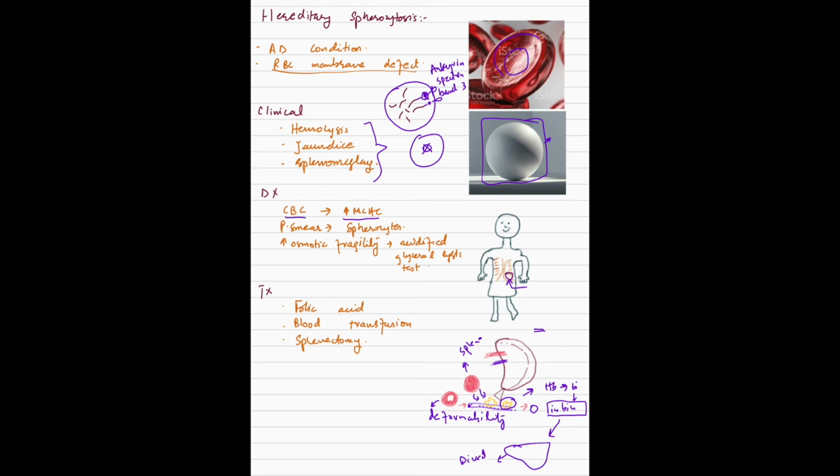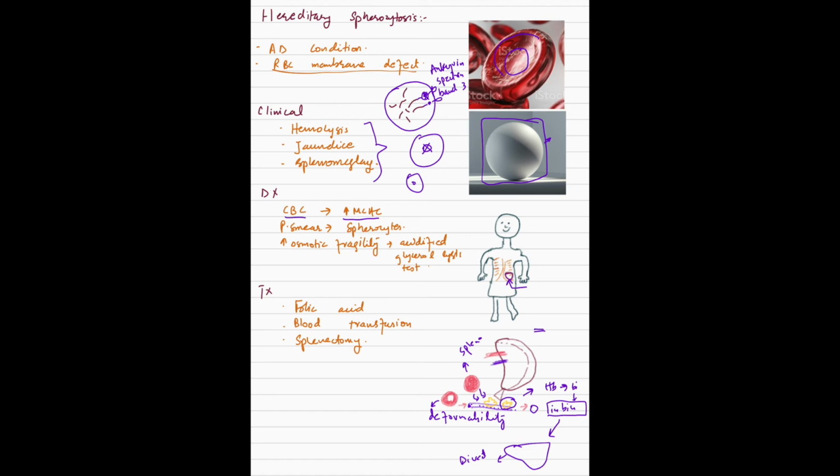Okay, so now just a quick question: why does the red blood cell have a lot of membrane? The reason is that it increases the surface area, and the increased surface area helps in gas exchange. So now when the membrane is lost, the central pallor is lost, and the cell becomes a sphere.